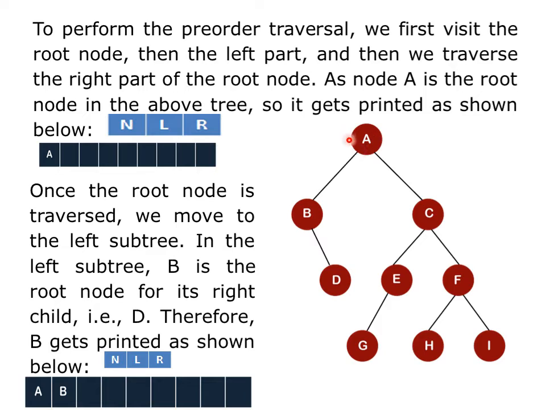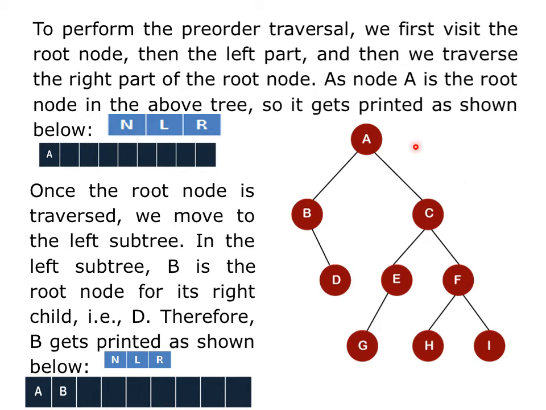First we will visit this, and next this and this, that is B. After B it will move to C. As A is the root node in this tree, it gets printed as shown below, that is NLR. Here the root node is A, therefore it gets printed.